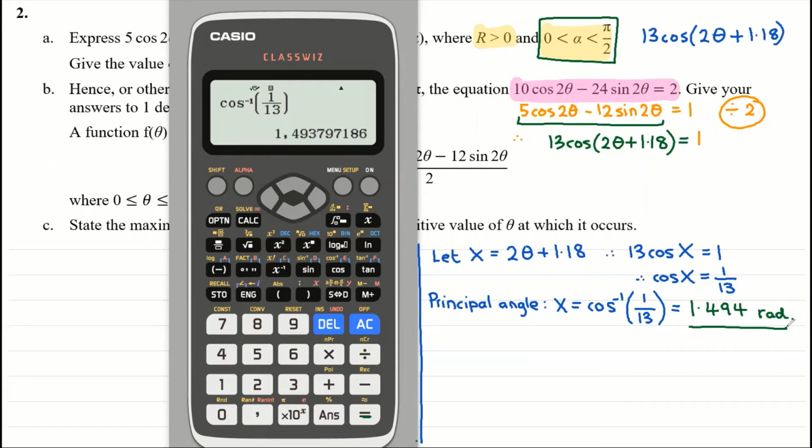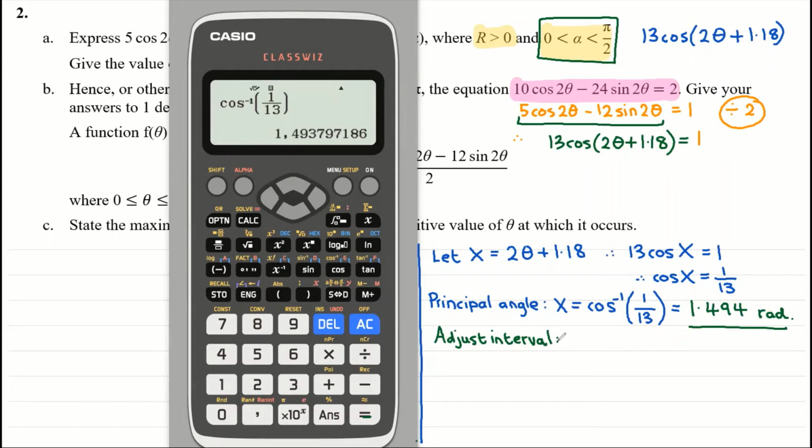Now we need to add this to the CAST diagram. Okay, cosine is, of course, the positive, so we're going to put it in the positive quadrants where cosine is positive. Before we do that, of course, we need to make an adjustment to our intervals. So let's do that next. So we're going to adjust the interval. It's a slightly awkward one, this one, because the interval is not just been doubled.